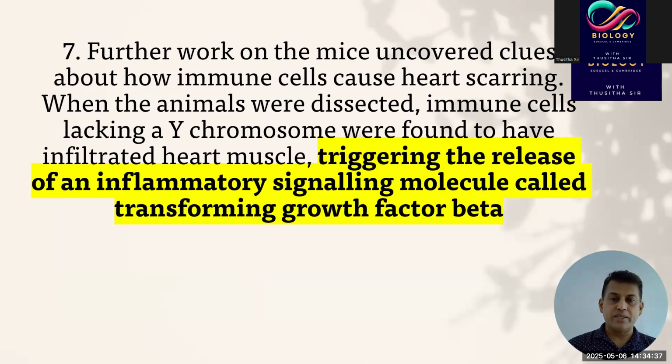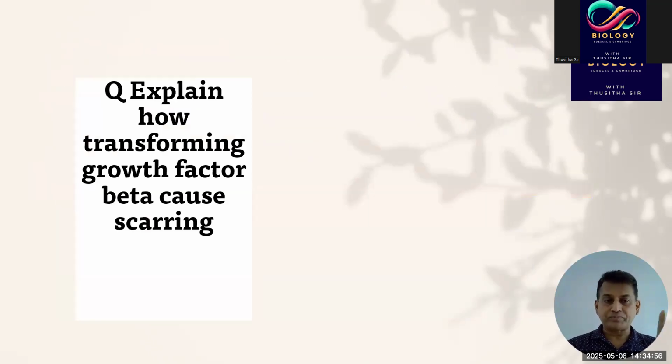Next, paragraph 7, triggering the release of an inflammatory signaling molecule called transforming growth factor beta. So inflammation releases many cytokines, including transforming growth factor beta or TGF beta. Explain how transforming growth factor beta causes scarring.